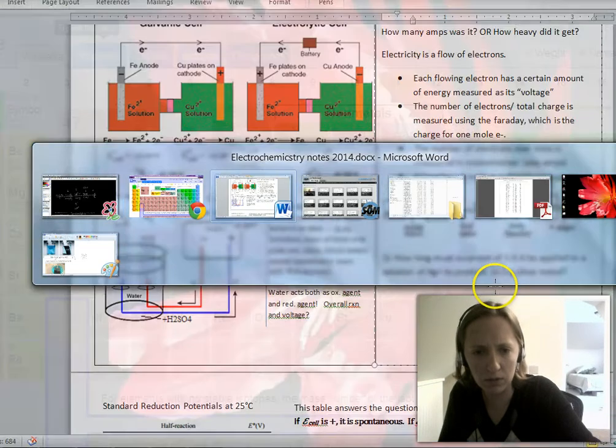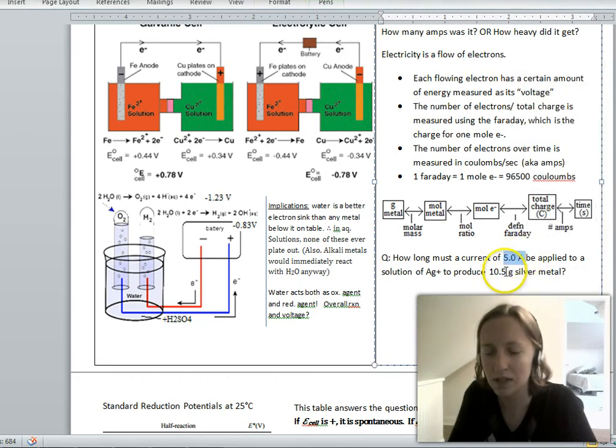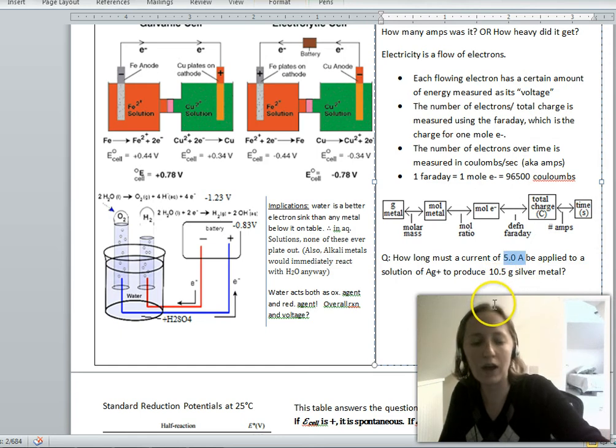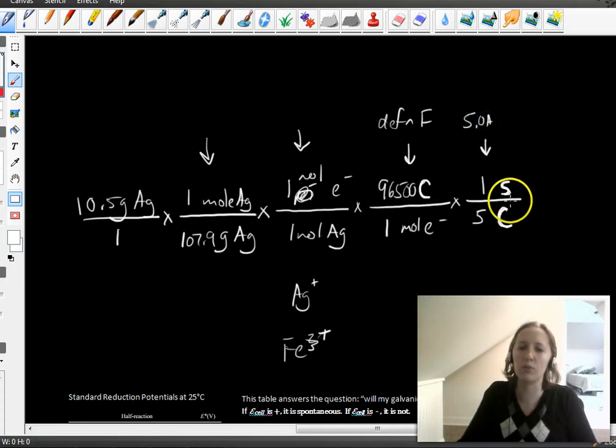It told me in the problem. Coulombs per second is amps. So now I'm doing 5 coulombs per 1 second, because the problem tells me that I'm using 5 amps. So I'm putting information from the problem in the middle here, which is crazy, but it happens.